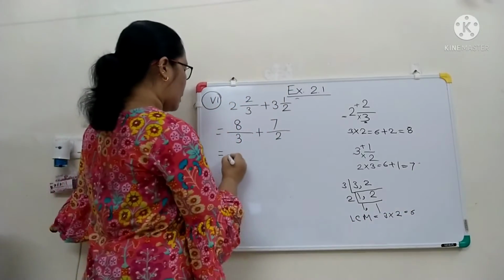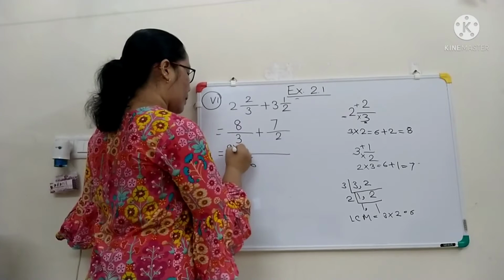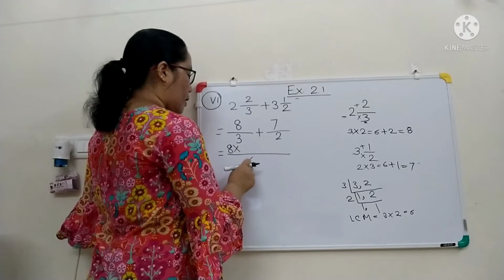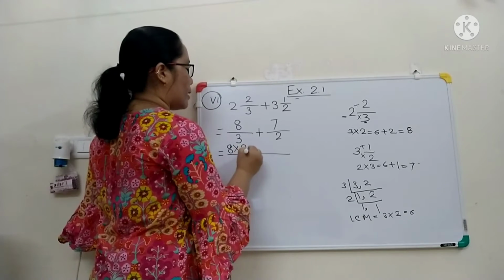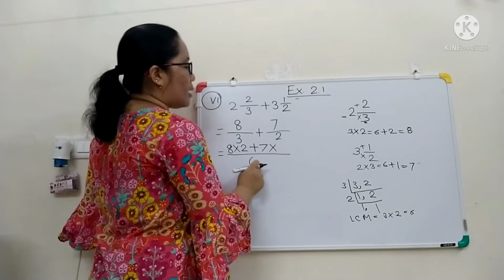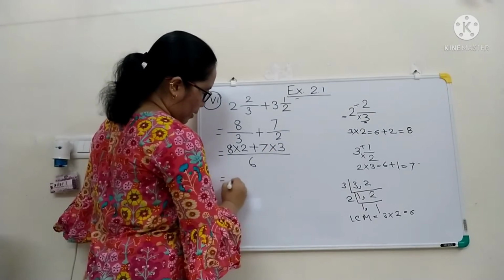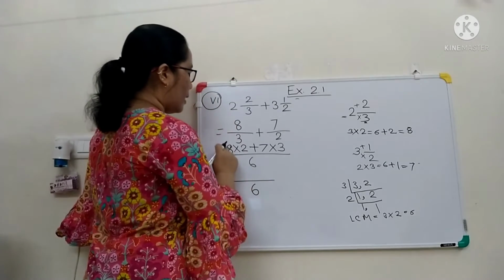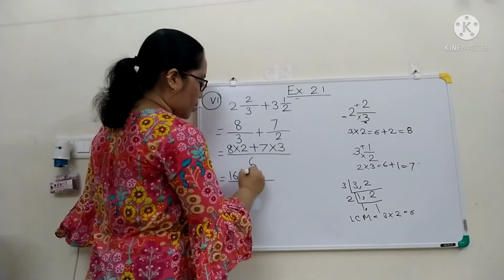So what is the LCM here? 6. So 8 multiplied by 3 into 2 is equal to 6. So we will write here 2 plus 7 into 2, 3 is equal to 6. So we will write here 3. So next step, 8 2s are 16 plus 7 3s are 21.